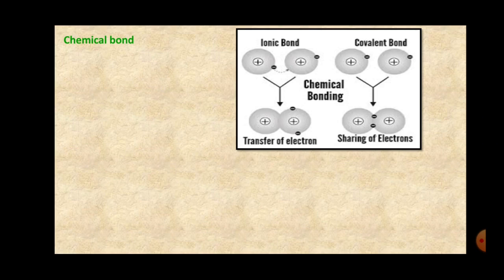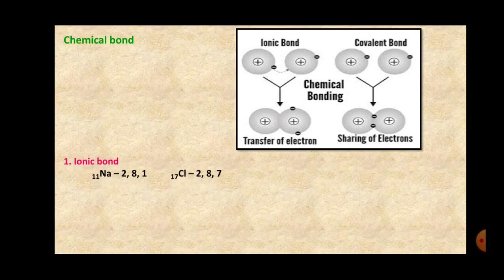Because their outermost orbit is complete, either a duplet or an octet. That is, either it has 2 electrons in the outermost orbit or it has 8 electrons. If the electrons are less than 8, then these electrons form a chemical bond, right? And the chemical bonds are equal to the valency of the atom.